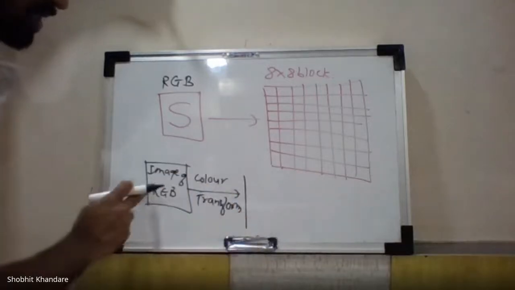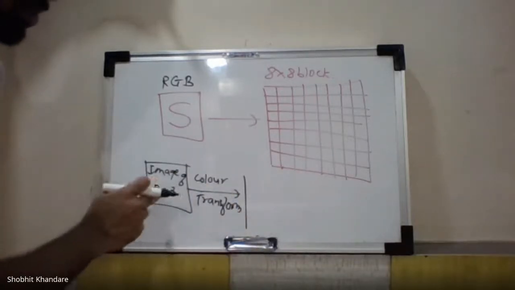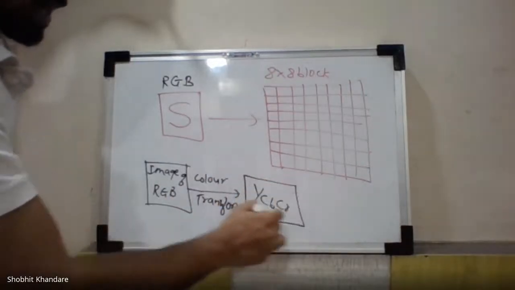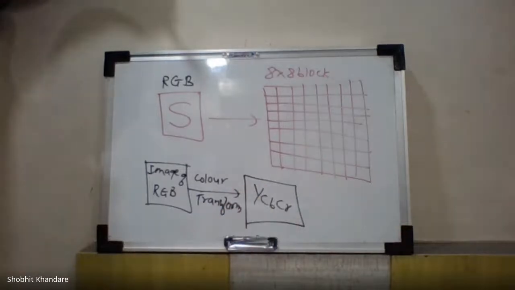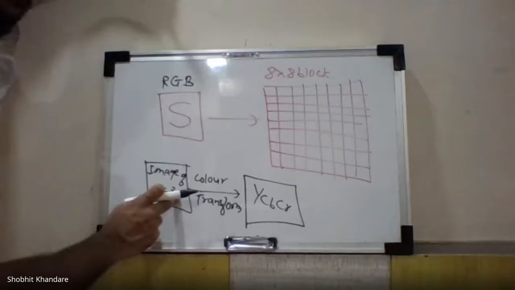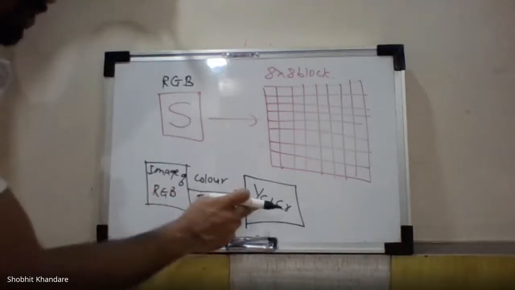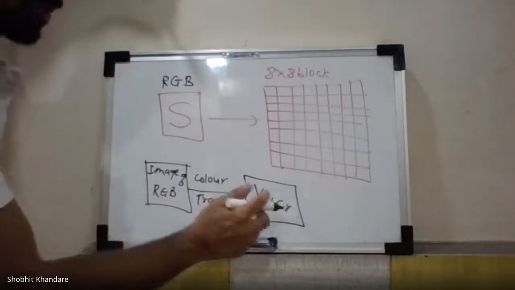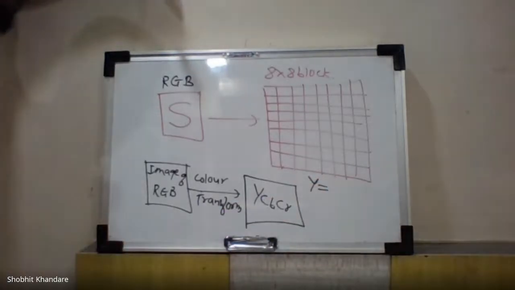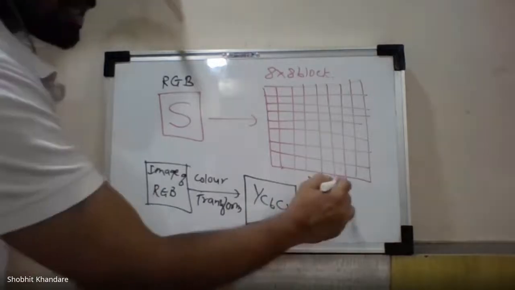So convert this image which is RGB into a YCbCr image. Convert your RGB image, that is a colorful image, into a YCbCr image. So what is this YCbCr? Here Y indicates the brightness.